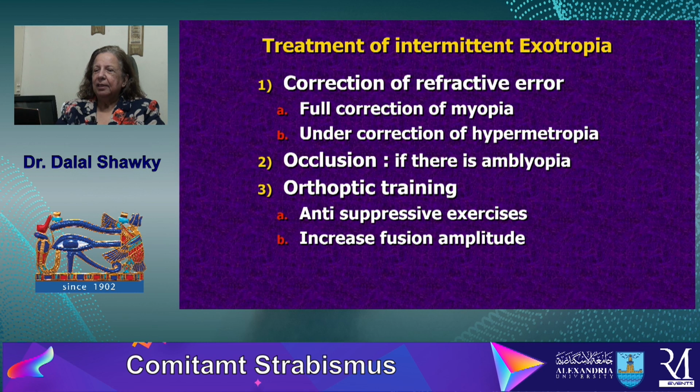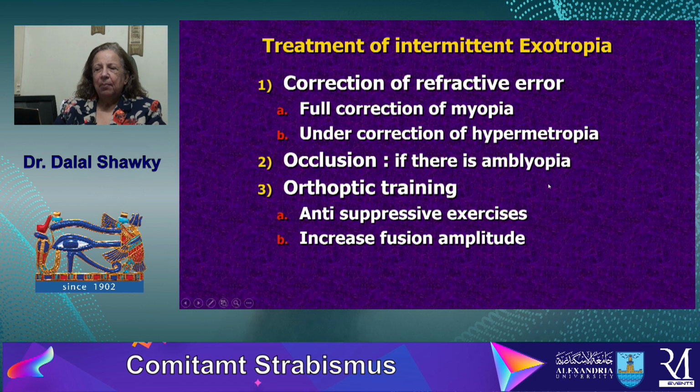So if the child is hypermetropic, we can leave him a little hypermetropia, that is, under-correction of hypermetropia, so that he can use his accommodation, and this is beneficial for him to correct the exotropia. And if the child is myopic, we give full correction of myopia to return him to normal, to put the image of far vision on the retina so that he can use his accommodation for near.